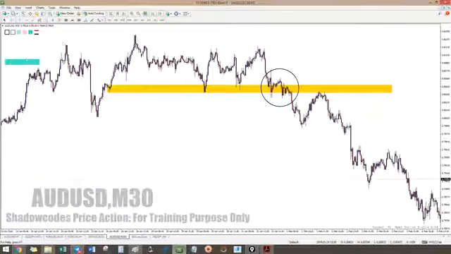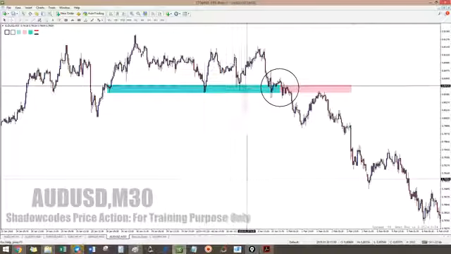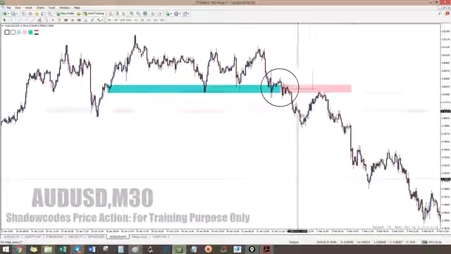Over here, it is a demand, and then up to here, it becomes a supply. You understand this? Swap zone is a demand becoming a supply. Before this it can hold price, once broken, it becomes a new supply.